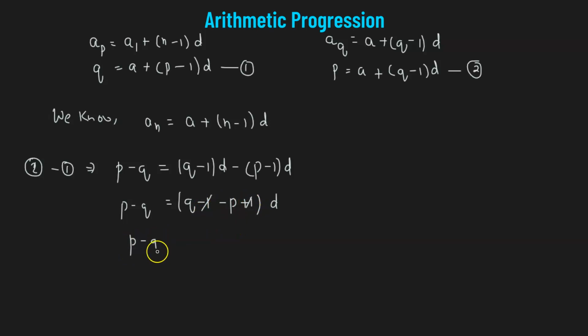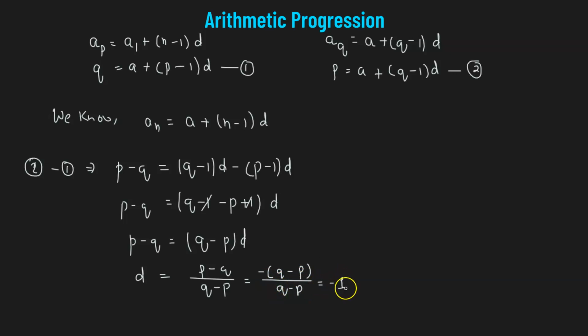So we have p minus q equals q minus p times d, or simply d equals p minus q divided by q minus p. Now if we take negative as the common factor in the numerator, we have negative times q minus p divided by q minus p, which leaves us the value of negative 1. So we have obtained the value of our common difference, that's negative 1.